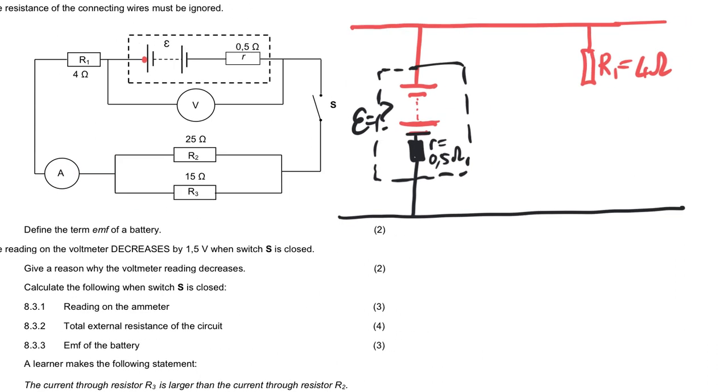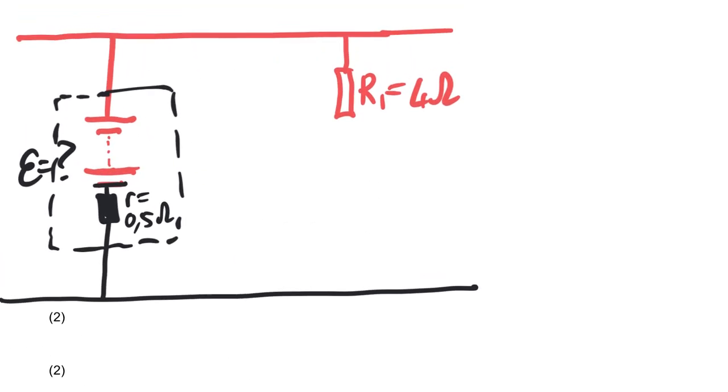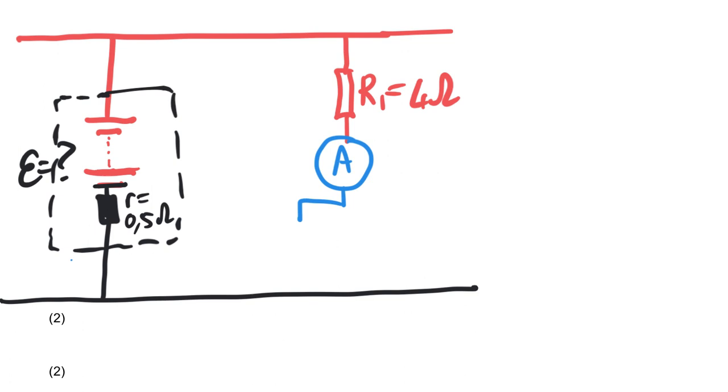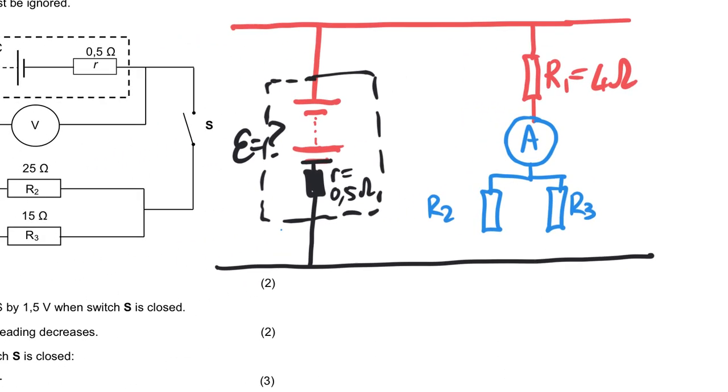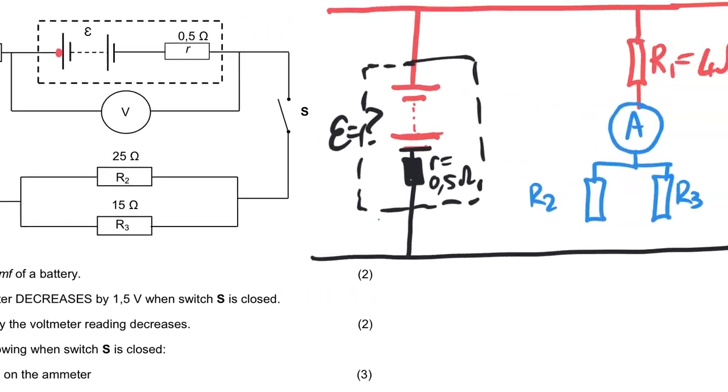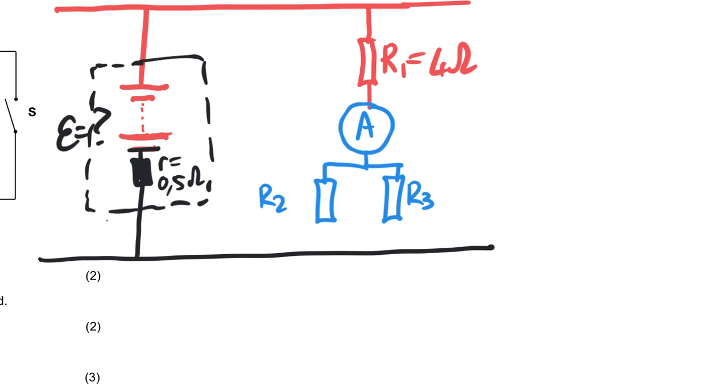So I'm going to put an ammeter in there. That's going to be A. Then we're going to have the two resistors, resistor 2 and resistor 3 there. We put their values in. Resistor 2 is 25 ohms, resistor 3 is 15 ohms.